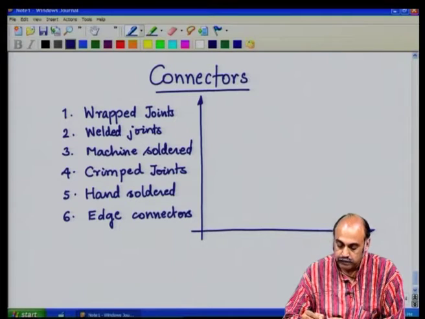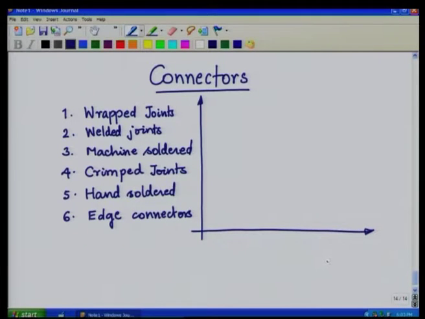So, you have various types of these connectors which are used for interfacing the circuits on one printed wiring board to the external world. So, if I plot on this scale unreliability, on this side this is very reliable, this is the reliable end, and reliability decreases or unreliability increases.